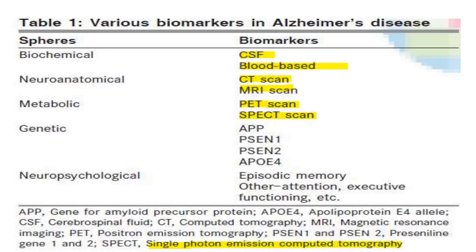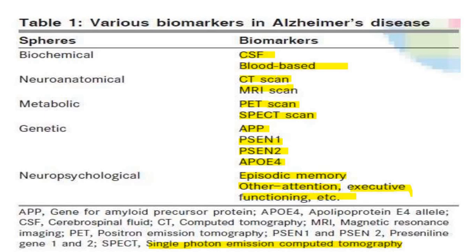Then you have genetic biomarkers such as APP, amyloid precursor protein, PSEN1, PSEN2 and apolipoprotein E4, APOE4. Then you have certain neuropsychological markers such as episodic memory, whether the patient is forgetting the recent past, what is the level of attention, whether the executive functioning is proper. These are some of the neurophysiological changes.